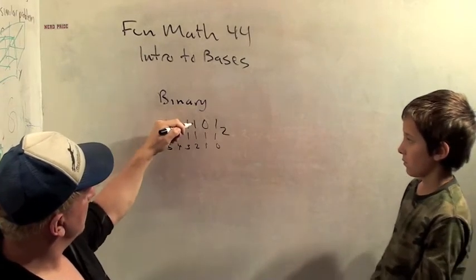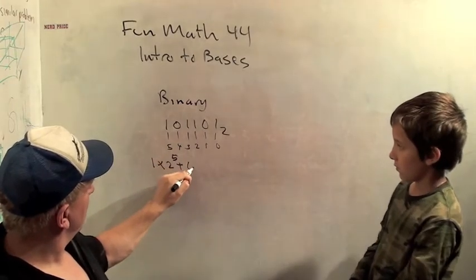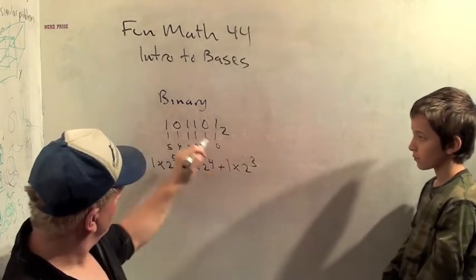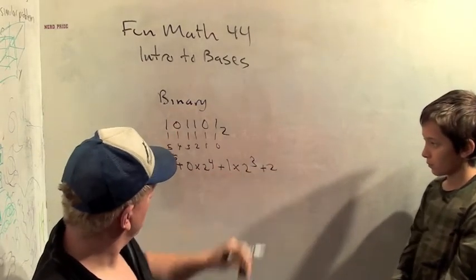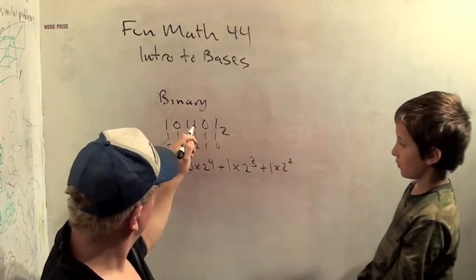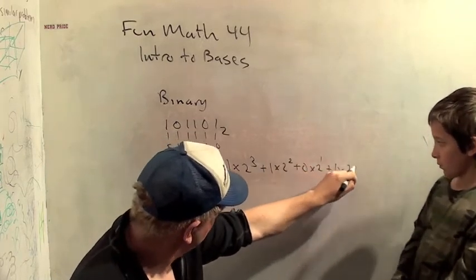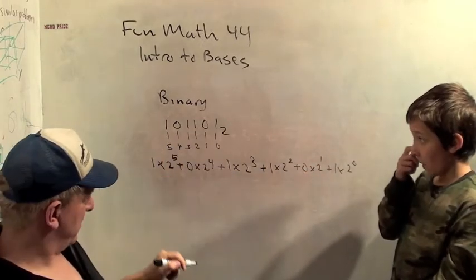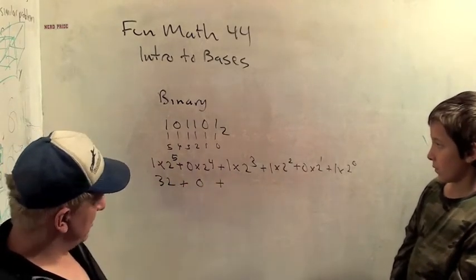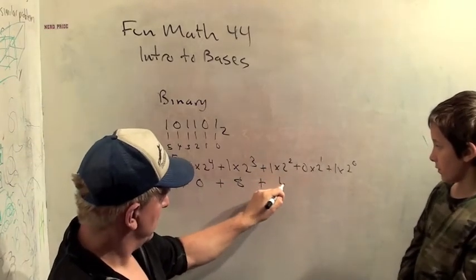So the number 1, 0, 1, 1, 0, 1 base 2 means 1 times 2 to the 5th plus 0 times 2 to the 4th plus 1 times 2 cubed plus 1 times 2 squared plus 0 times 2 to the 1 plus 1 times 2 to the 0. Okay, what's 2 to the 5th? 32. 32 plus 0 plus what's 2 cubed? 8. 8 plus 2 squared? 4.